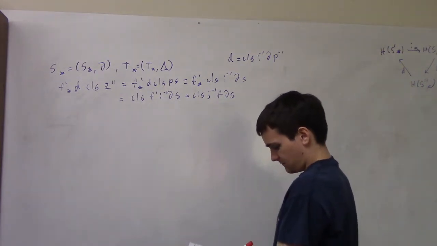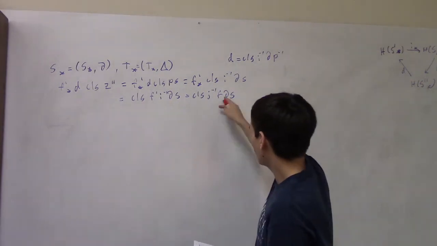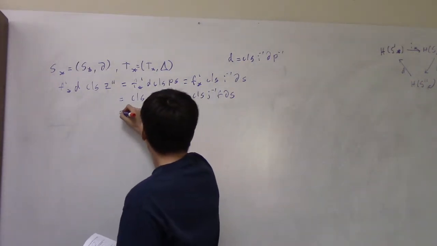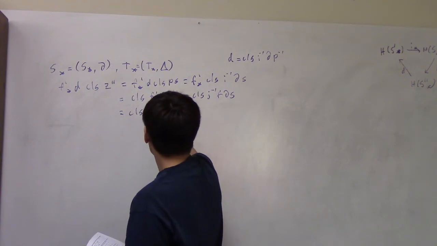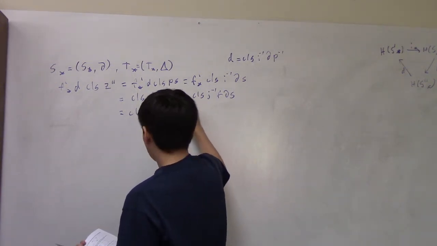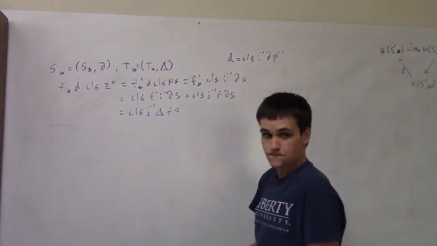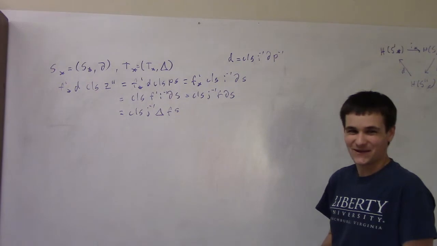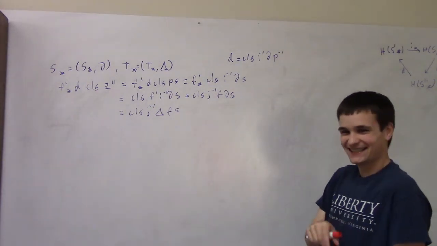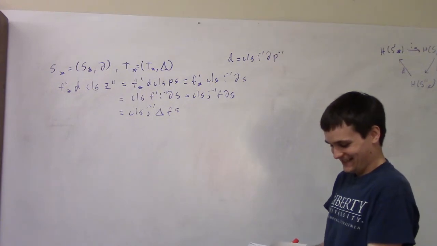Then next step here, f is a chain map, so we can commute these two. So that's equal to the class of j inverse delta f s. Well, Nathan, I thought that last step was iffy, but I've actually decided it's a jiffy. Thanks for your pun. It's getting worse and worse.